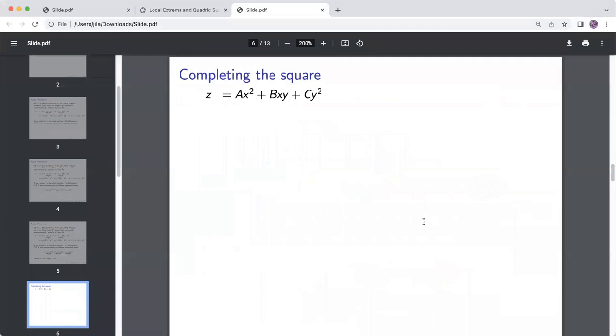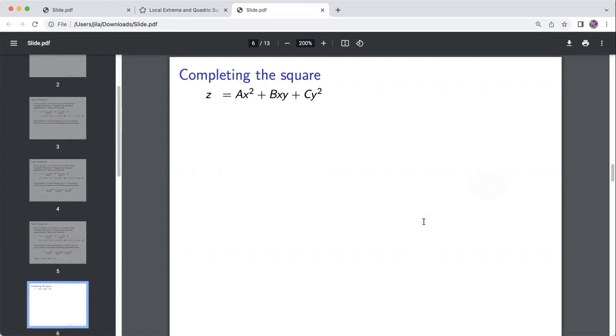Now, when I'm trying to recognize quadratic surfaces, I like the power 2s and everything, but I don't like the b times xy, right? So how do I get rid of that to have shapes, basically surfaces, that I recognize?